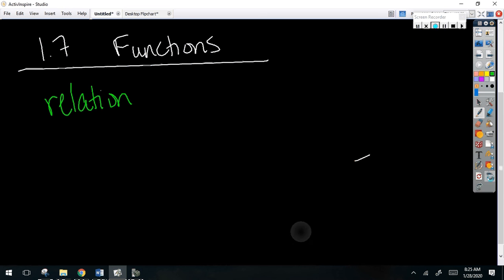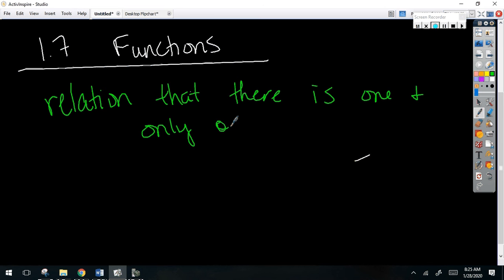How can I word this? A relation that has one and only one output.